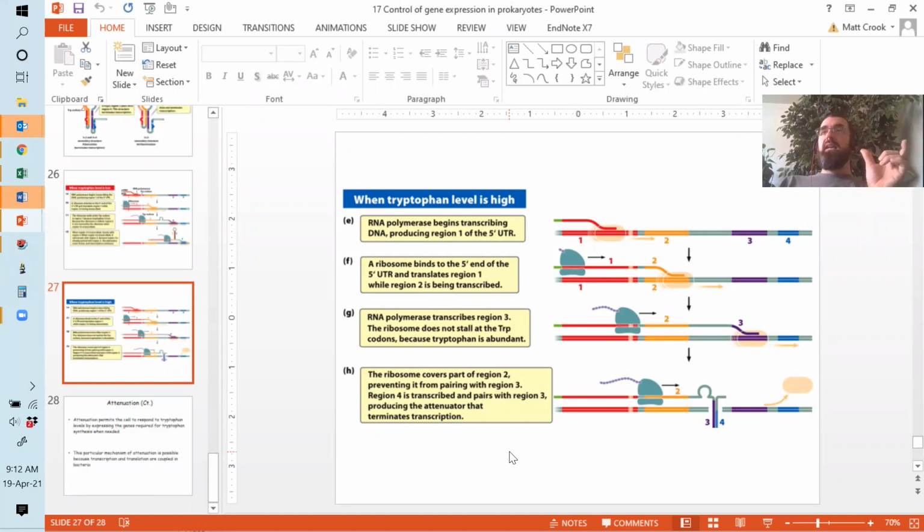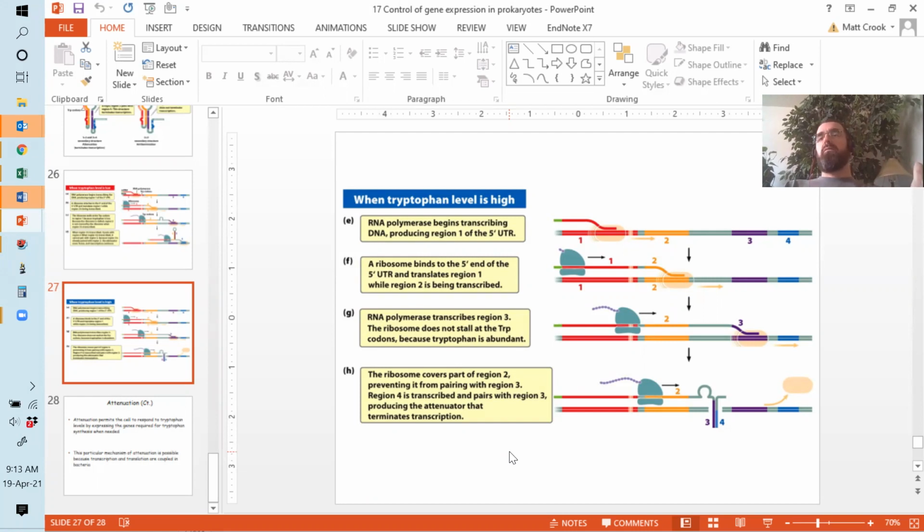Now there's almost a probability basis here of whether or not that RNA polymerase continues on into the trp operon. That's basically down to the probability of there being a charged trp tRNA around for that ribosome to continue onto region 2. And so even when trp levels are increasing, there's a probability that at that point in time there is no charged trp tRNA.